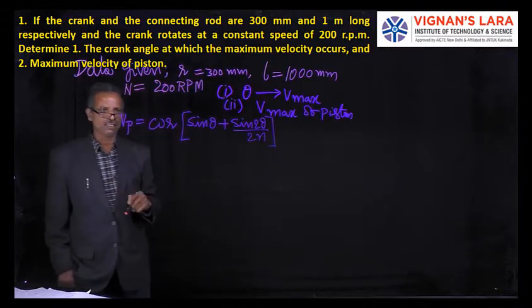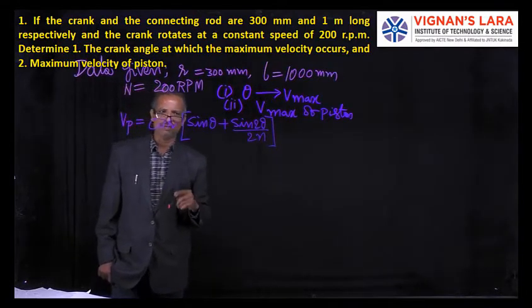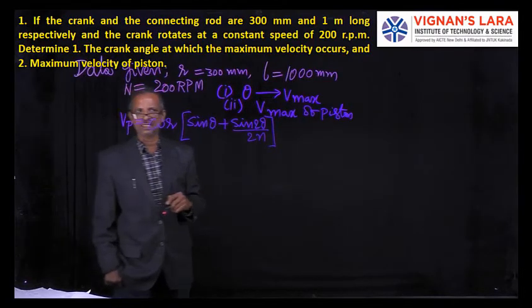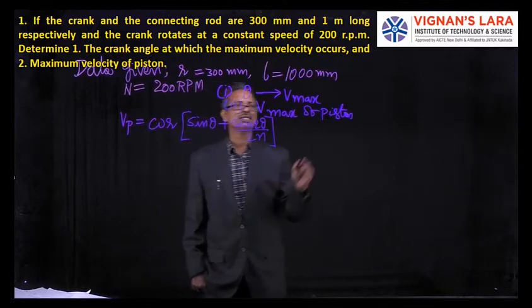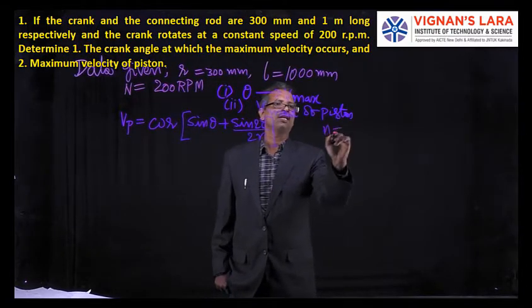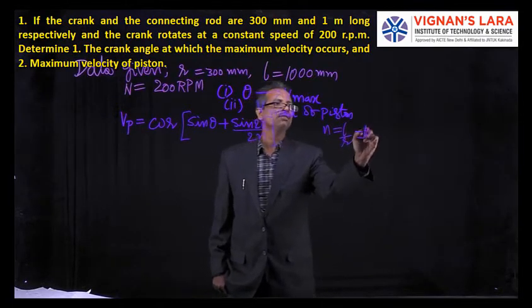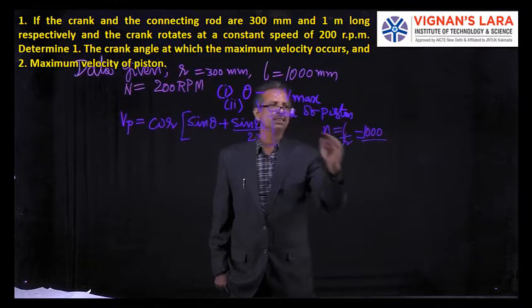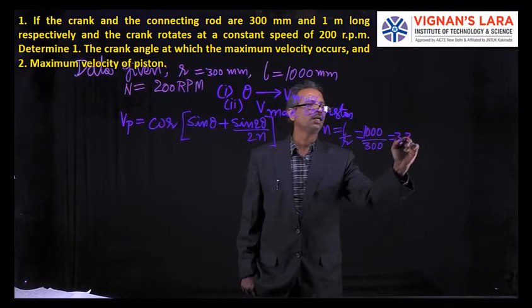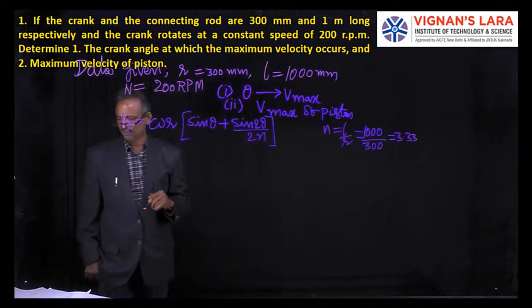Omega is angular velocity, r is radius of the crank, theta is the angle made by the crank with the line of stroke, and n is the ratio of length of the connecting rod to the radius of the crank. So first let me calculate the value of n, which is L by r. L is 1000, r is 300, so 1000 by 300 is 3.33.